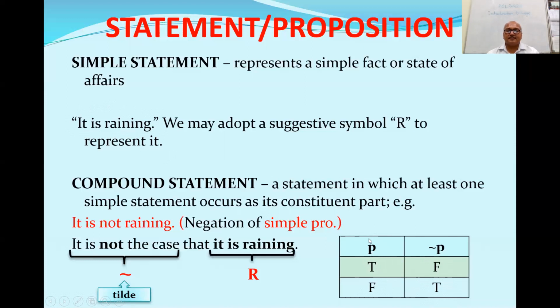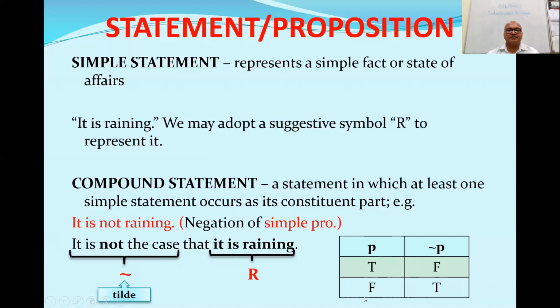So considering the possibility of truth value with reference to a simple statement, we have learned that a statement is either true or false. That applies to simple as well as compound statements. So if a simple statement is true, then its negation becomes false.